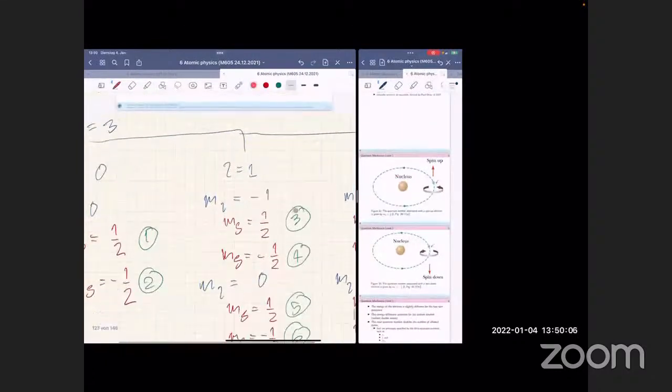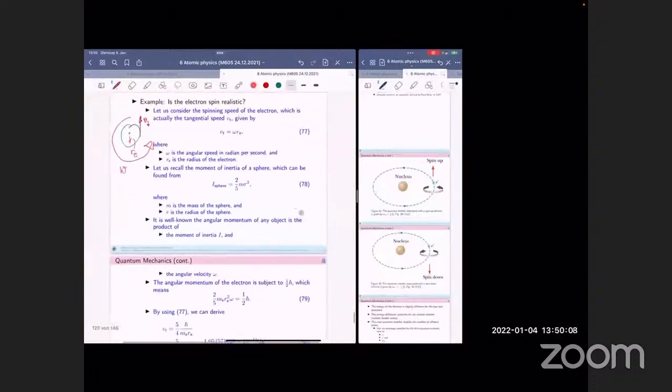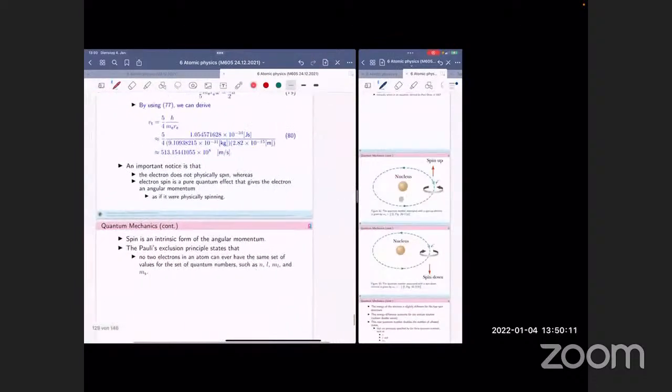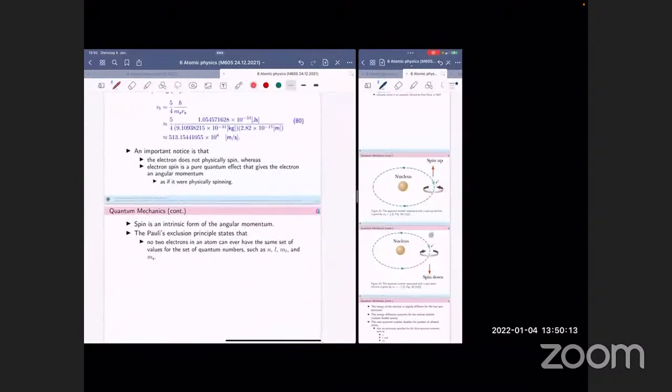In reality, the electron doesn't rotate around itself. This is only a pseudo configuration. The electron doesn't rotate around itself, whether spinning up or spinning down.